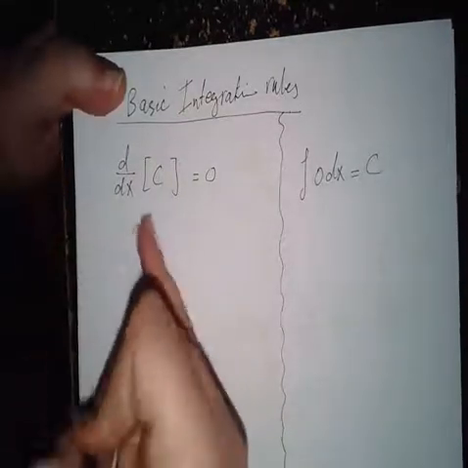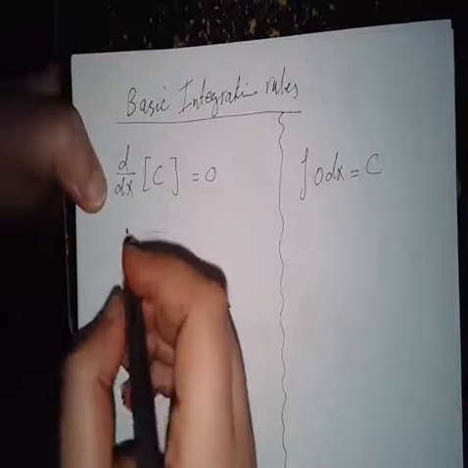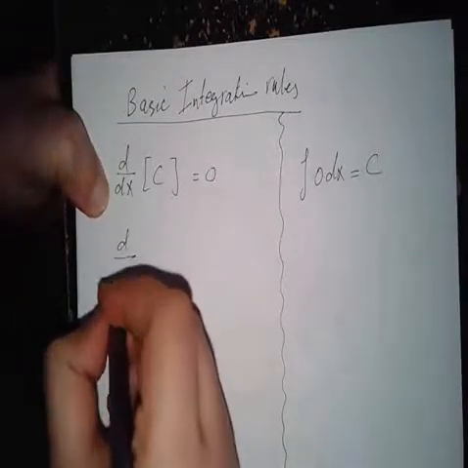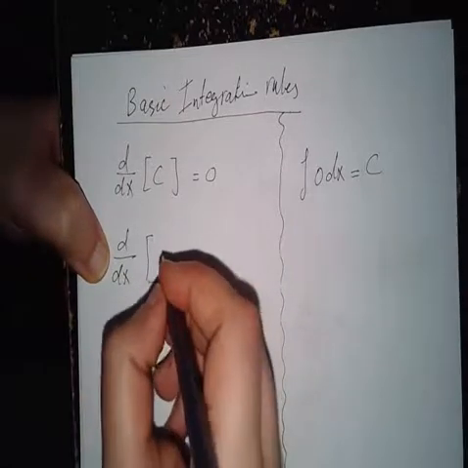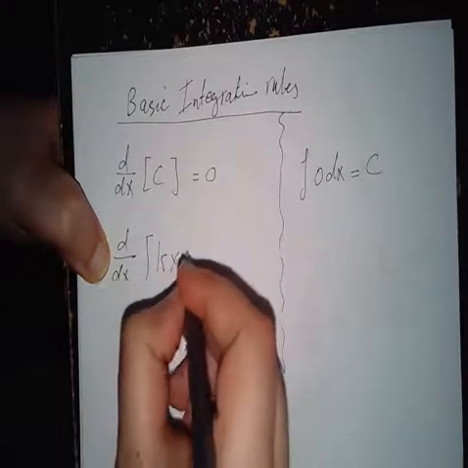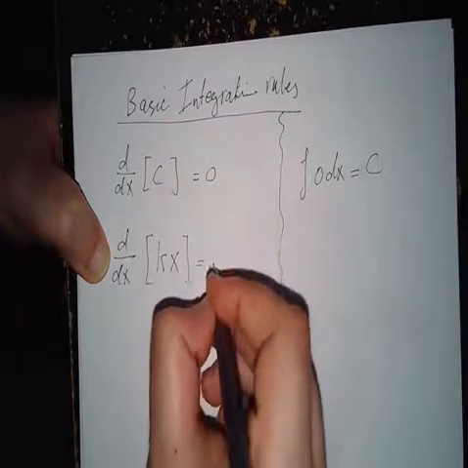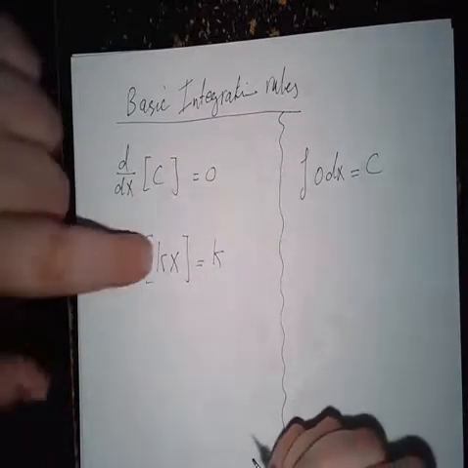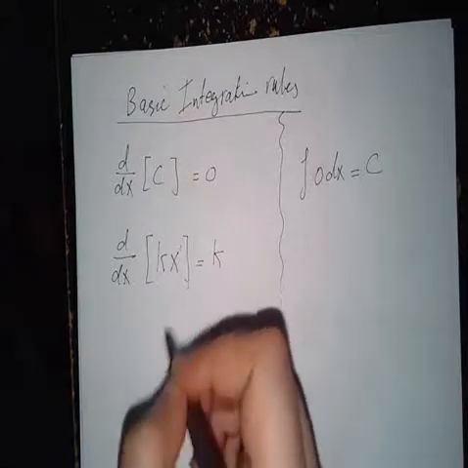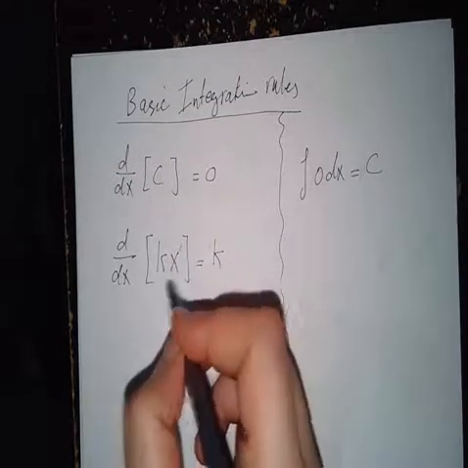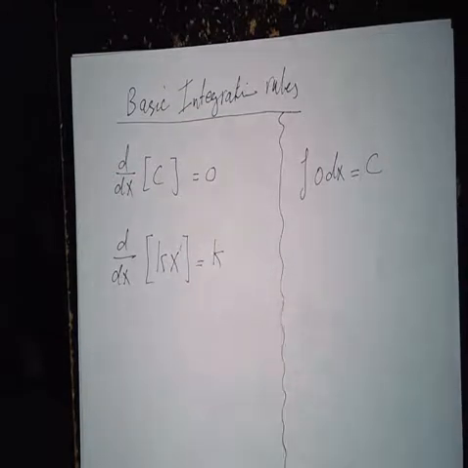Okay, so what about here? We have d dx of kx. So that equals k, right? If you have a number multiplied by x, x being to the first power, notice, right? So when you take a derivative, the x is going to disappear and end up with just a number.